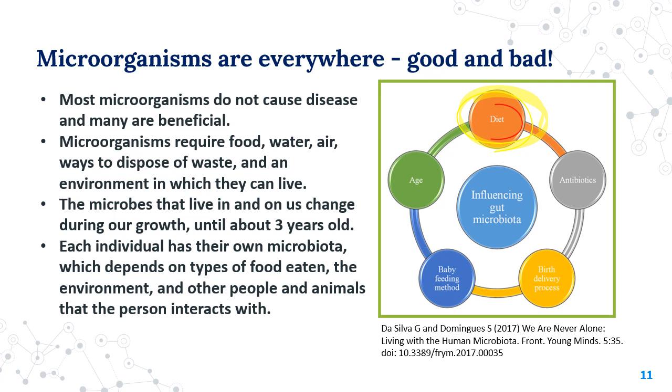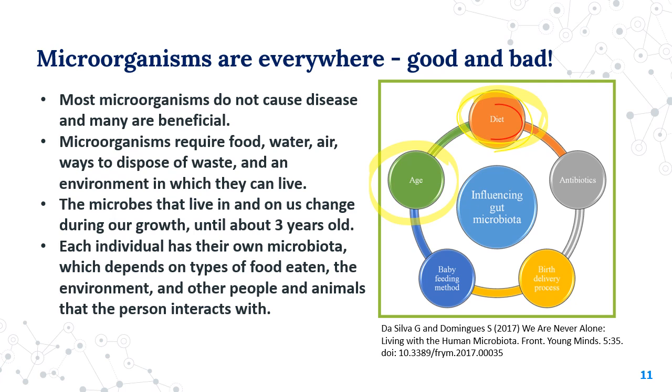All right, so what is influencing your microbiome? Now, the age of the person also influences the microbiome. In order for the microbiome to be established, that takes place during early infancy, from birth to about 3 years old.